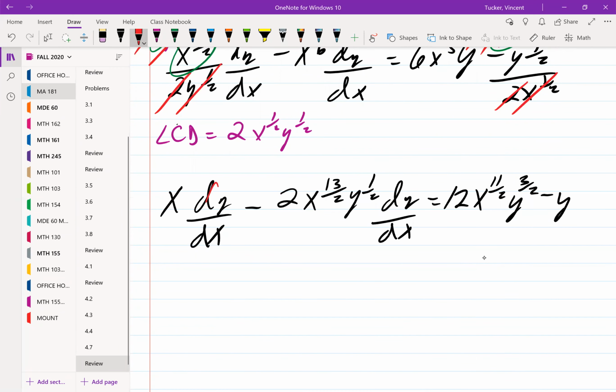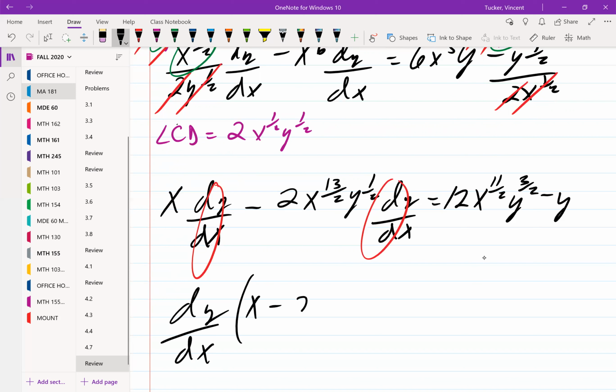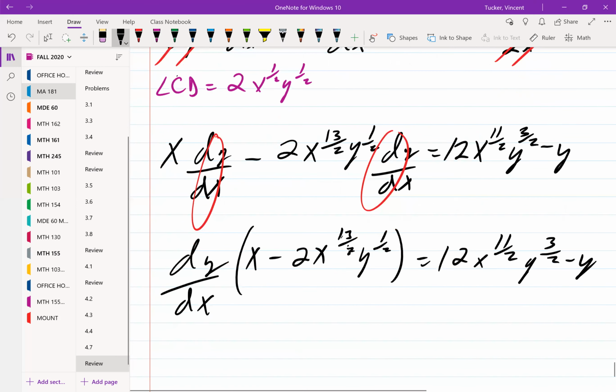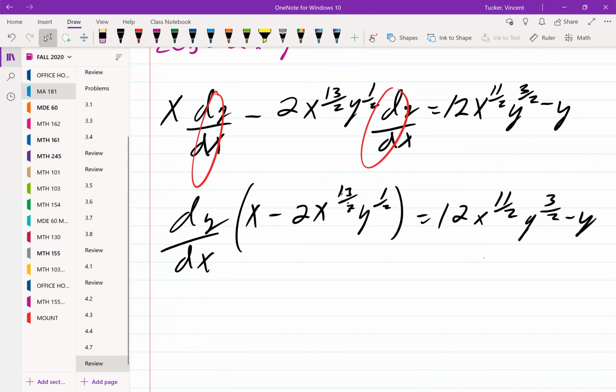But right now, let's go ahead and factor out dy dx. That leaves me with x minus 2, 13 halves, 9 halves. It wasn't yet. All right.